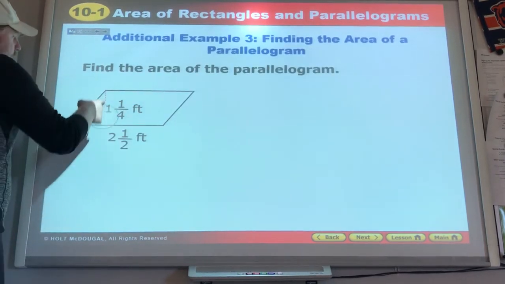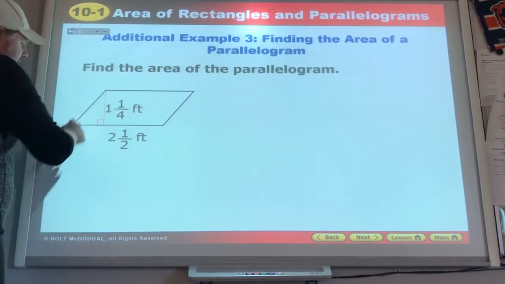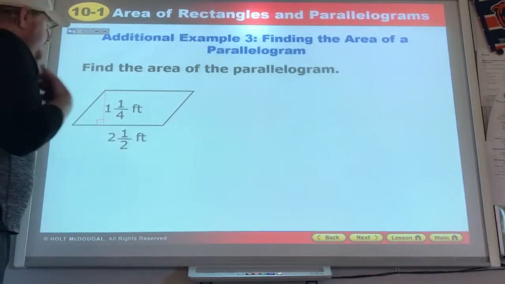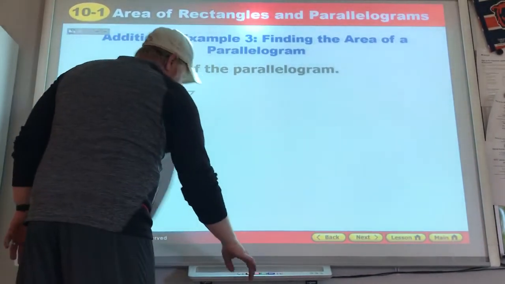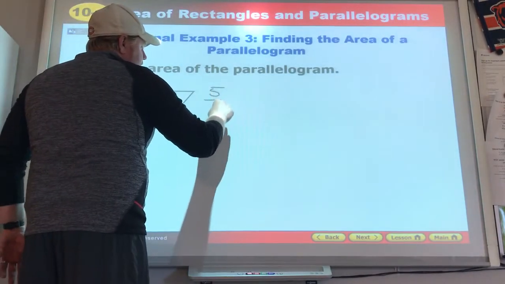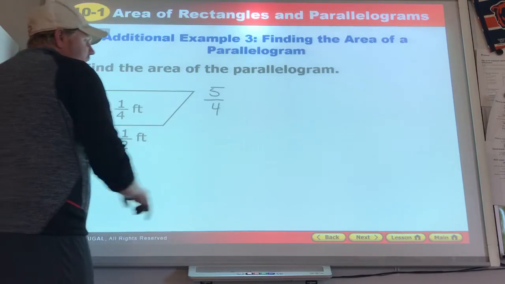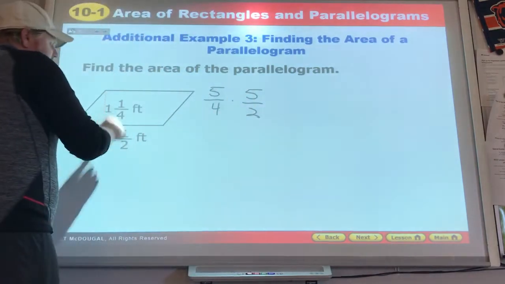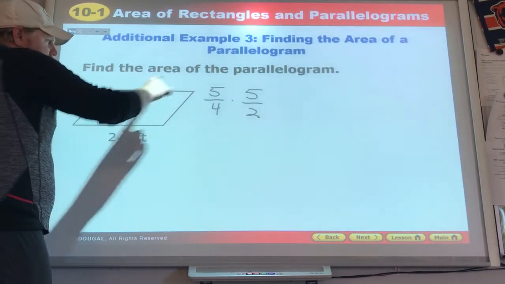So we see 1 1/4 is the height, 2 1/2 is the feet, and we're trying to figure out how many squares will fit in there. So if we take 5/4, and we take that times 5/2, I've just turned each of these into improper fractions. That's all I did.